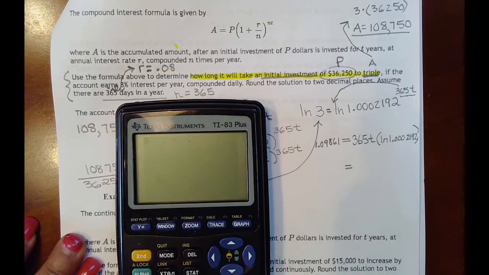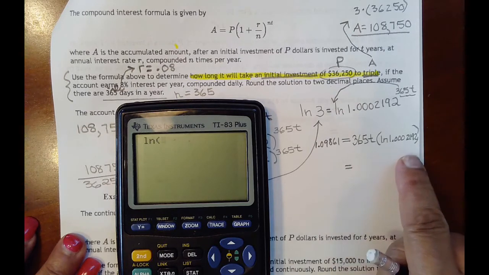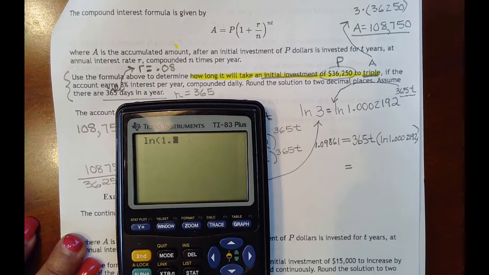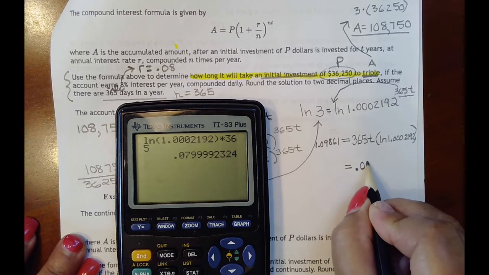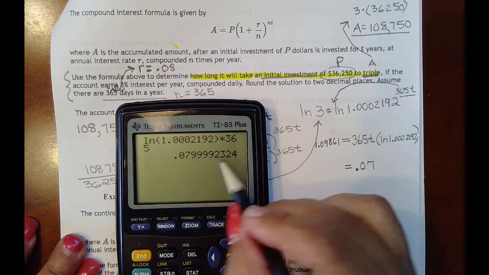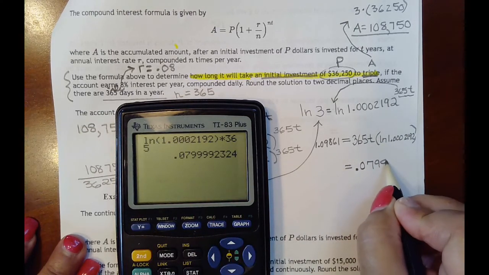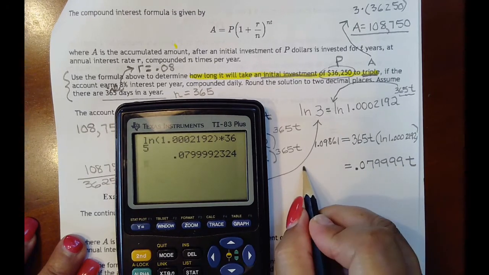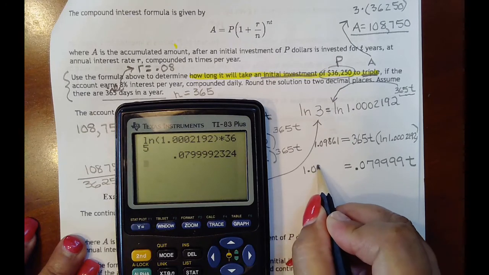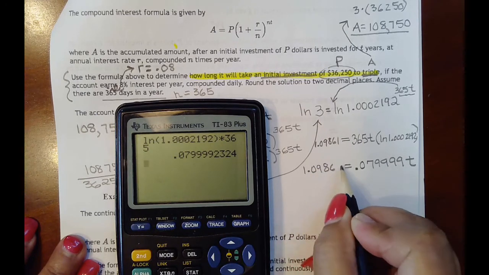We have ln of 1.0002192 times 365. Okay, so all of that multiplied together is 0.079999 times t, and then over here we have the 1.09861.